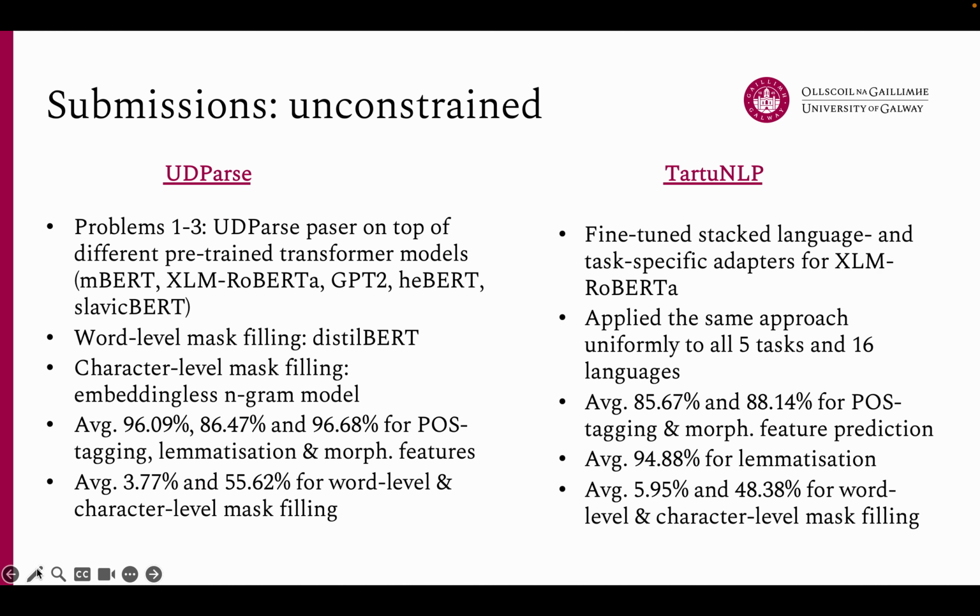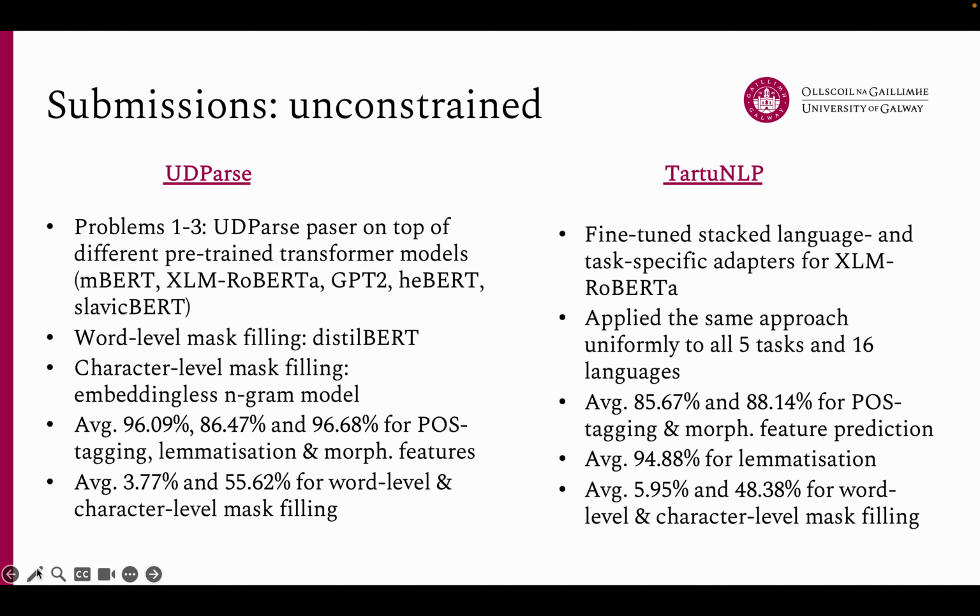They used it with openly available contextualized embeddings such as multilingual BERT, XLM Roberta, GPT-2, and language-specific varieties of these, such as Hebrew BERT or Slavic BERT. The team used distilled BERT for word-level mask filling, and, surprisingly, an embedding-less n-gram model for character-level mask filling.